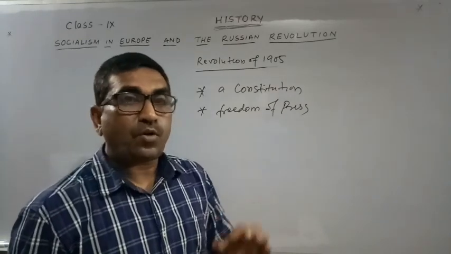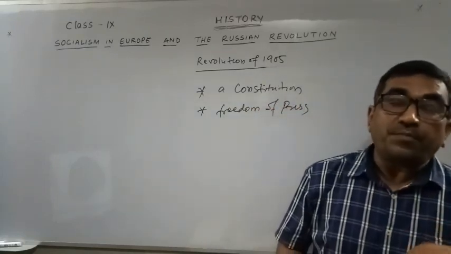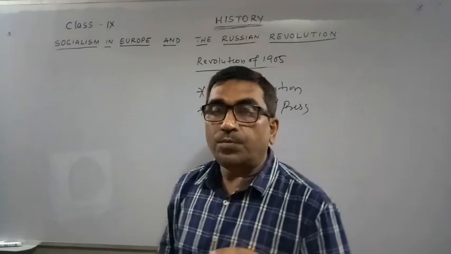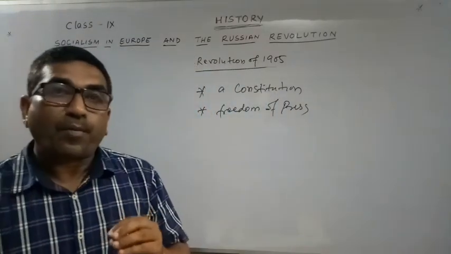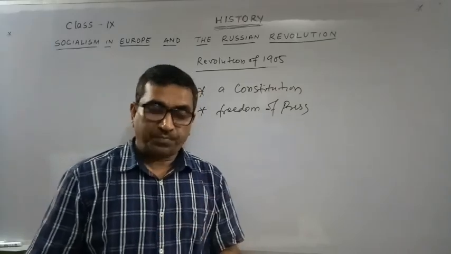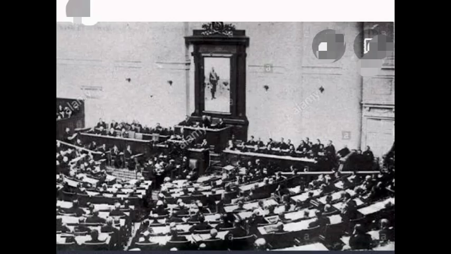Under the pressure, because they were demanding political freedoms, the Tsar, Nicholas II, agreed on the formation of the Duma. This is the scene of the Duma, which was established by the Tsar in 1905.